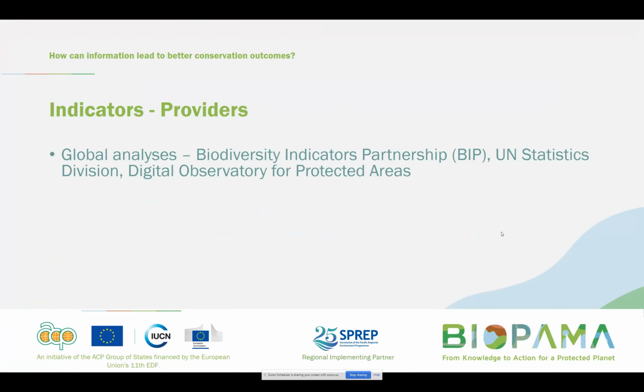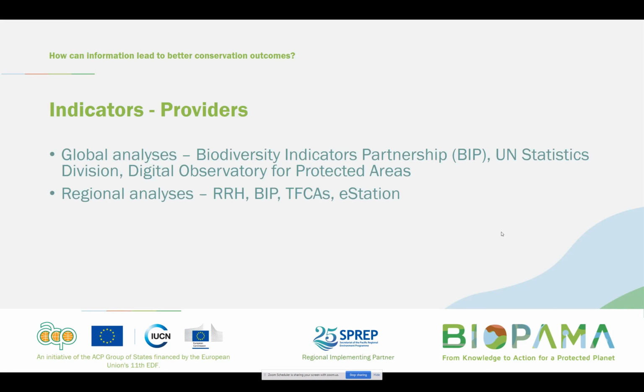So I just want to quickly go through some of the potential sources within Eastern and Southern Africa. So that's at the global level. So there are a number of organisations. At the regional analyses, there's these regional resource hubs, which could be a focus for identifying these indicators. There's the biodiversity indicators partnerships, TFCAs.